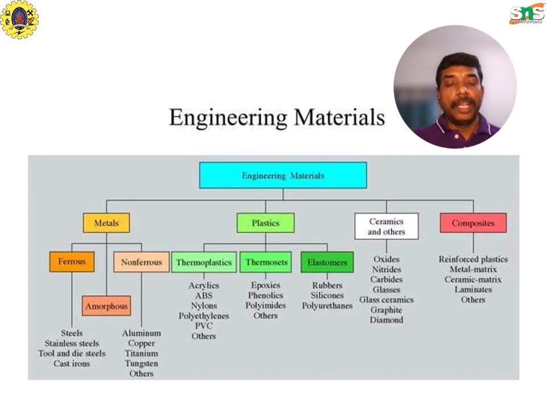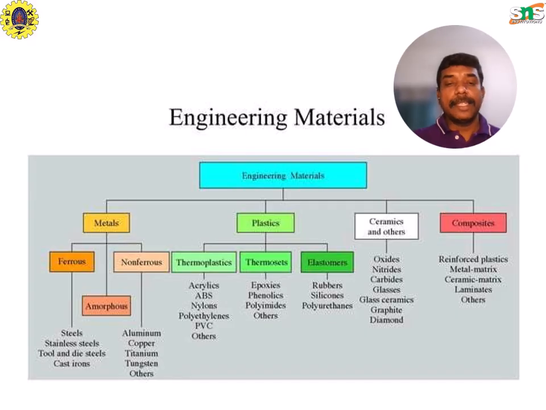Also, the metals that have iron in their microstructure are called ferrous metals, and the material that does not contain iron in its microstructure and body is classified as non-ferrous metal. Say for example, steel, stainless steel, tool and die steel, cast irons are the examples of the ferrous materials, whereas the examples for the non-ferrous materials are aluminium, copper, titanium, tungsten, etc.